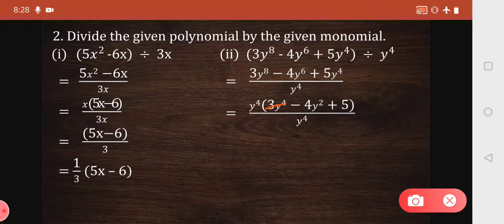If we take out y raised to 4, we will be left with minus 4y square, 6 minus 4, that is 2. And then the last term, we have taken out y raised to 4 common, so we will be left with 5. So we get y raised to 4 into 3y raised to 4 minus 4y square plus 5 upon y raised to 4.